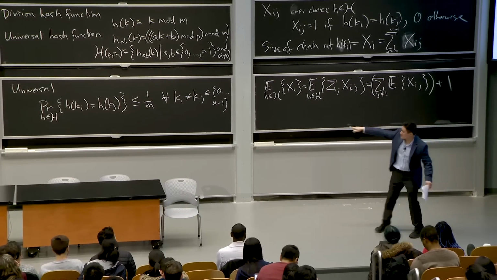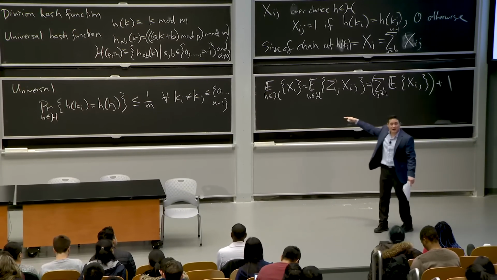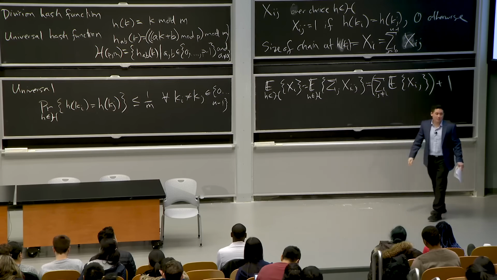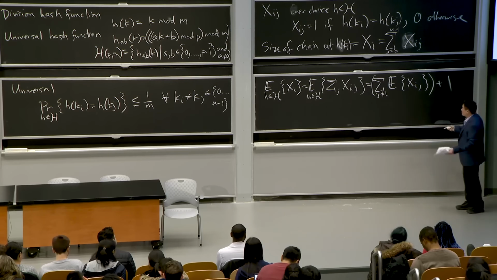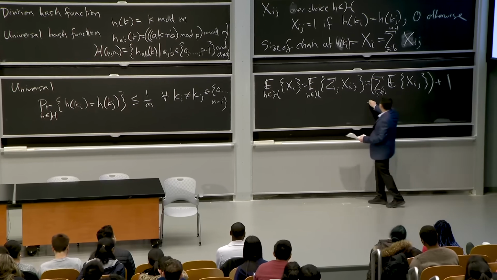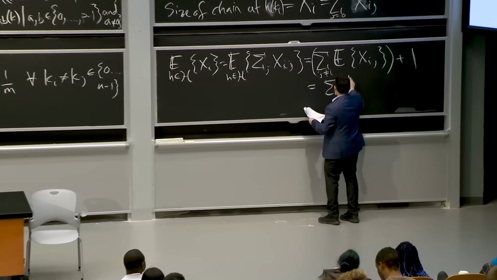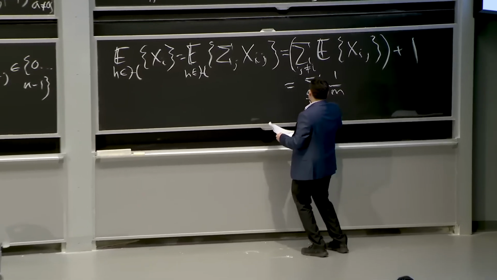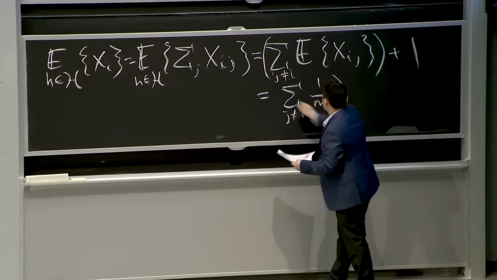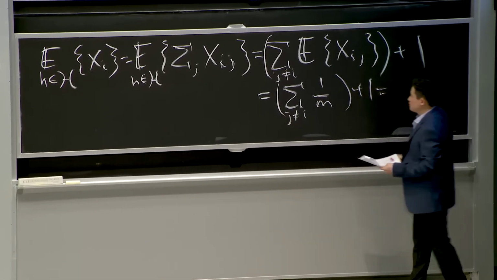So 1 times that probability plus 0 times 1 minus that probability, which is just 1 over m. So now we get the summation of 1 over m for j not equal to i, plus 1.